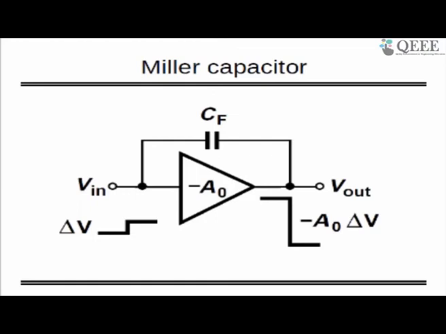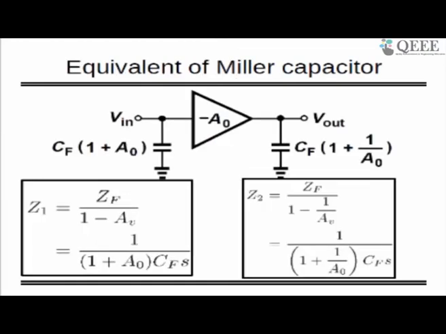And you want to decompose this CF. If you want to decompose this CF, what are you going to see? One side it's CF times 1 plus A0. So if you are following this equation, ZF by 1 minus Av, ZF by 1 minus Av inverse, what you are going to see? One side it will be CF times 1 plus A0. Another side you are going to see CF times 1 plus 1 by A0.